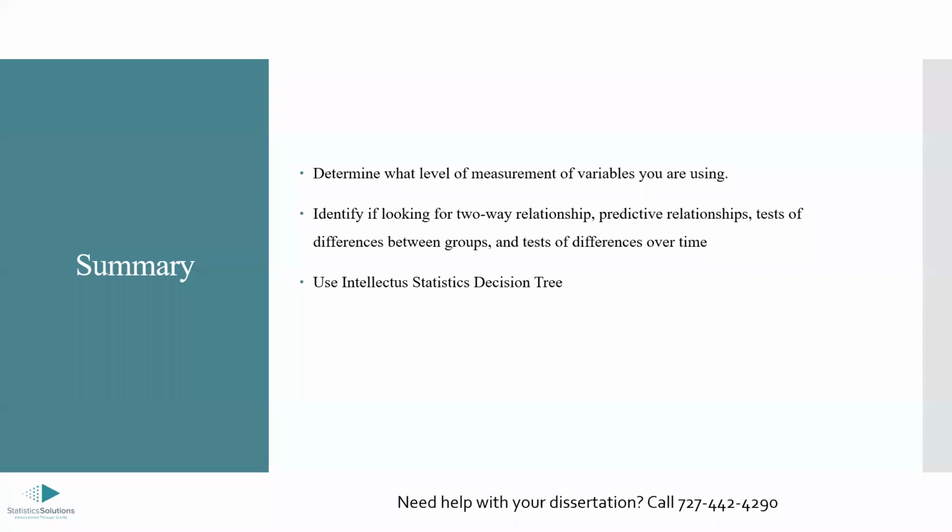That's when you want to use regressions. If you're looking for differences between groups, that's when you're typically going to independent sample t-tests or ANOVAs. For tests of differences over time, you have paired sample t-tests or dependent sample t-tests, and tests like a repeated measures ANOVA or a mixed model ANOVA if you're looking for differences over time and between groups.